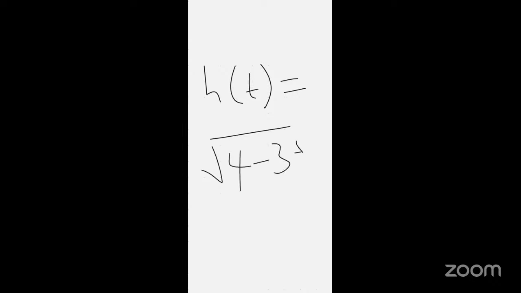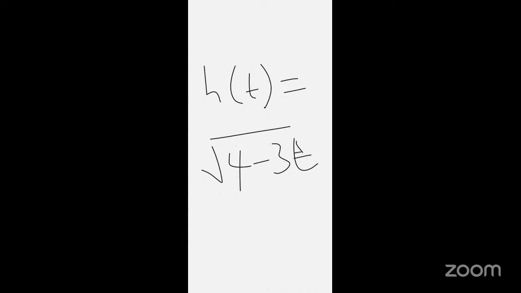For the square root of 4 minus 3t, only non-negative numbers have a real square root.